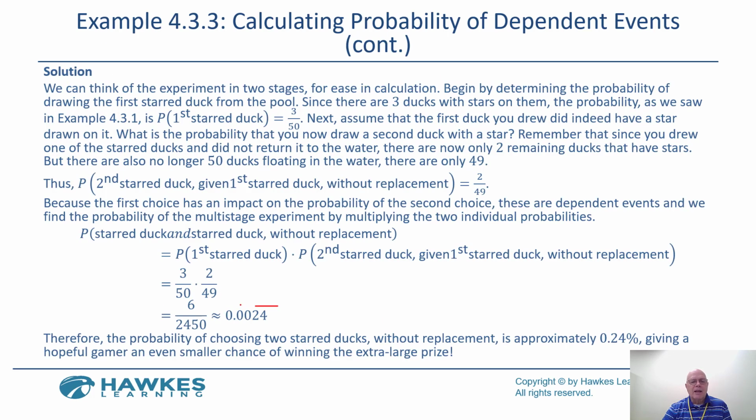And we can see that the probability without replacement is even smaller. Remember, the other one was 0.0036. Now without replacement, it's down to 0.24. You have an even smaller chance of getting that extra large stuffed animal.